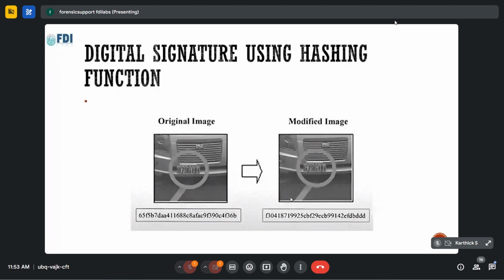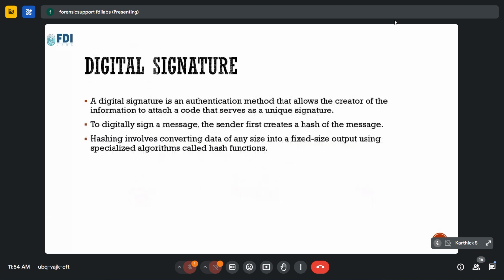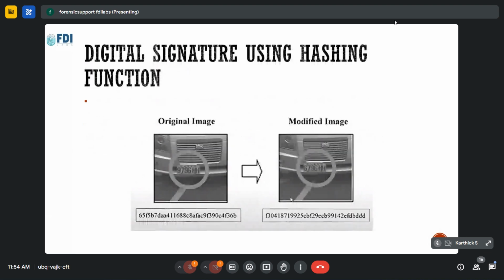This digital signature is also an important step in the analysis part. But the main thing is, what are the disadvantages of this method? The disadvantages of these two techniques, the watermarking technique and the digital signature technique, are that they have to be embedded at the same time of recording or immediately after the recording.